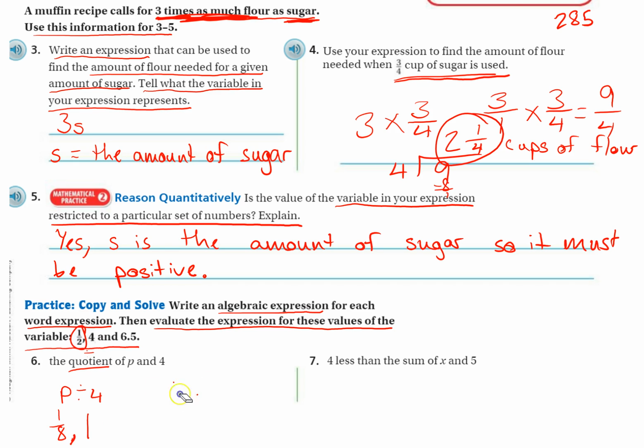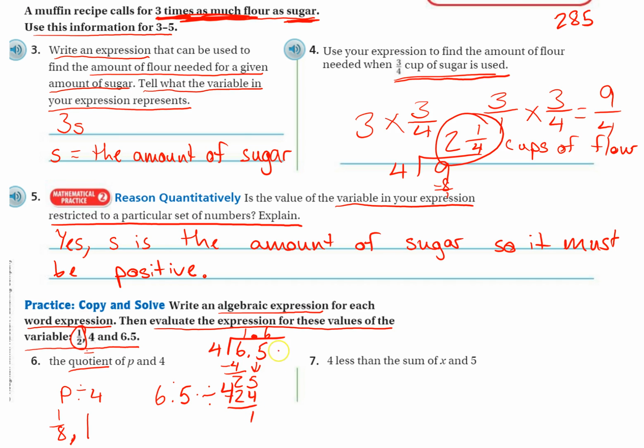Okay. And then what if P is 6.5 divided by 4? Well, let's work it out. Bring my decimal straight up. 4 goes into 6 one time. 2, bring down our 5. 4 goes into 25 6 times, 4 times 6 is 24.